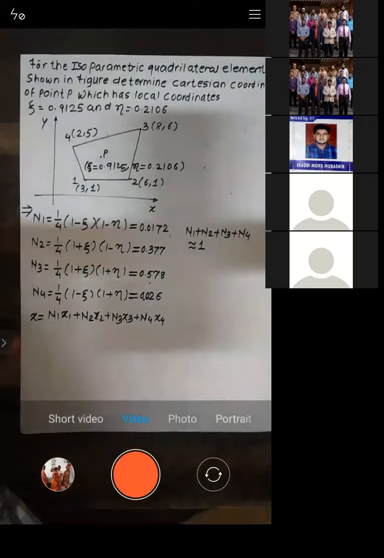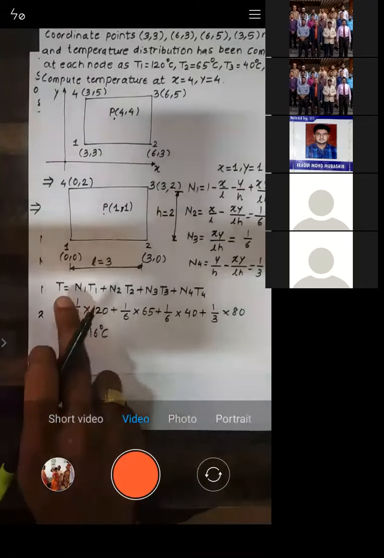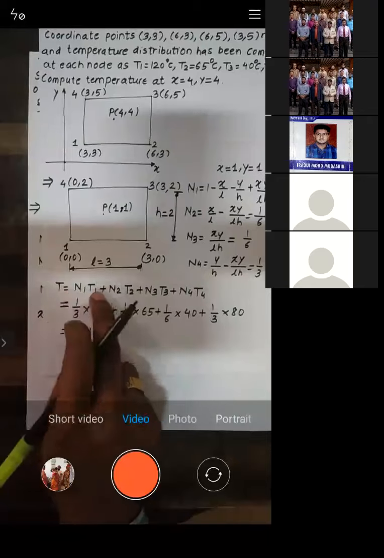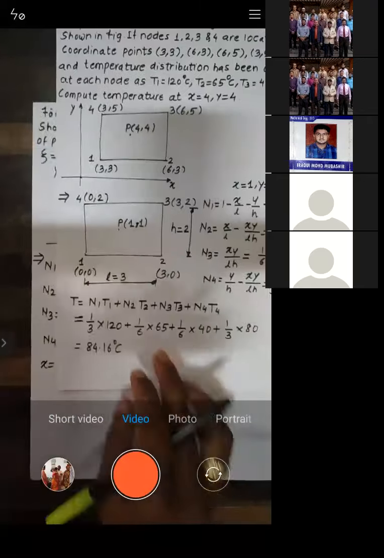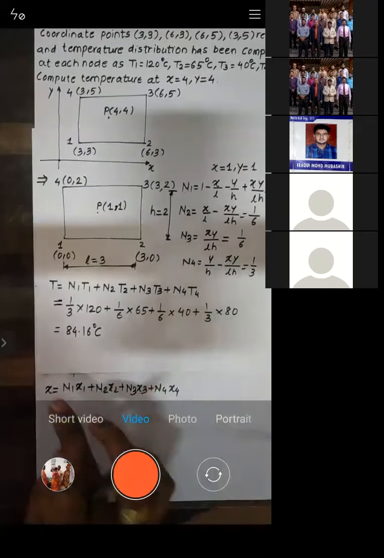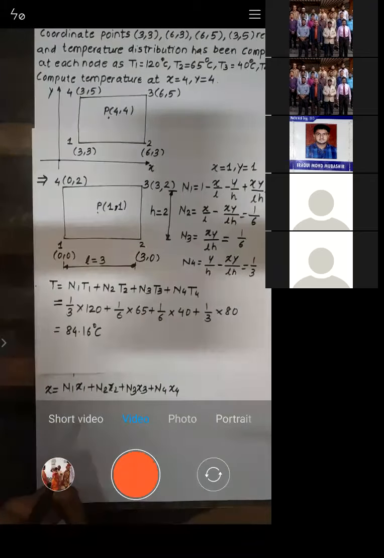Just a time before, we wrote the formula for temperature: T is equal to N1 T1, N2 T2, N3 T3, N4 T4. Same like temperature, I am writing the formula for the x coordinate: N1 x1, N2 x2, N3 x3, N4 x4. Is it okay?